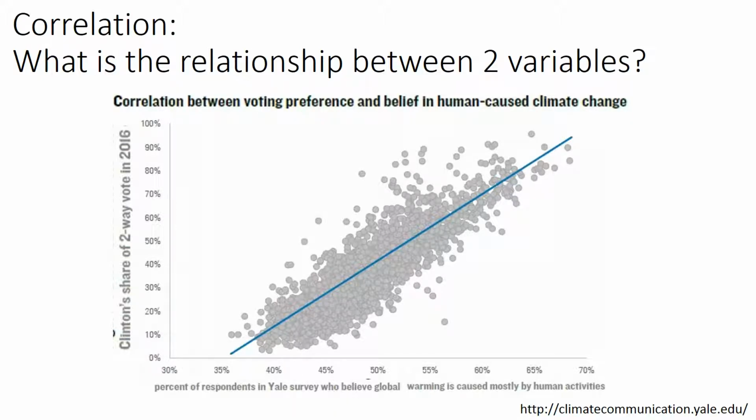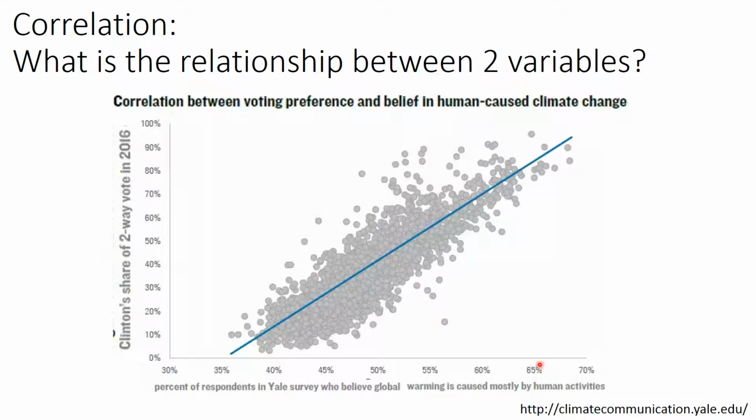One of the things, this is an example here where I think they've collected some data from electoral districts in America, and they've looked at the proportion of people who think that global warming is caused by human activities. You see it's ranging from quite low to reasonably high.